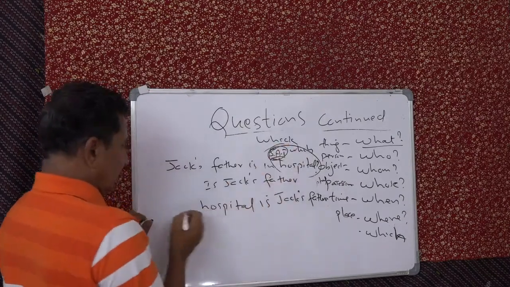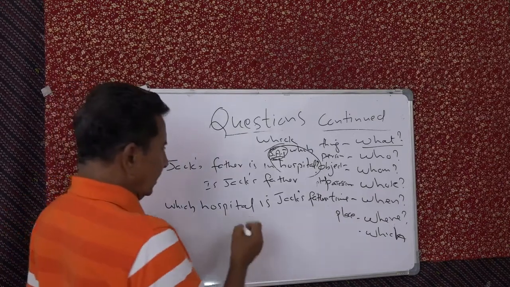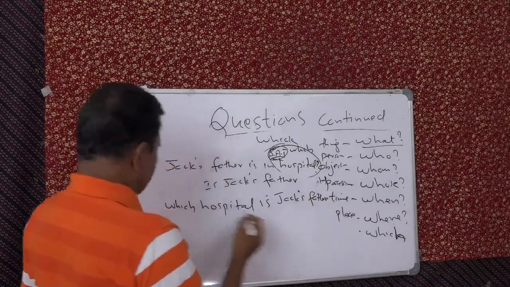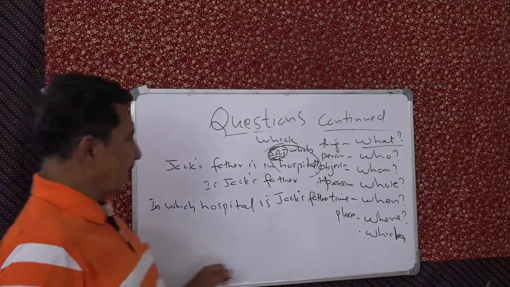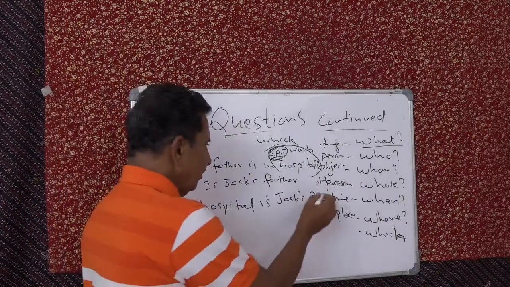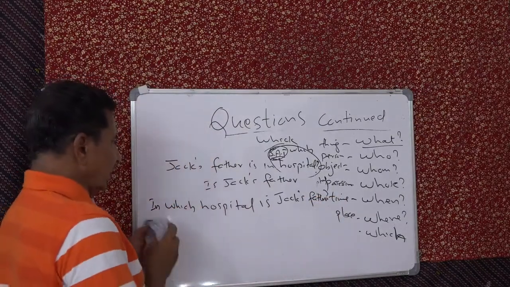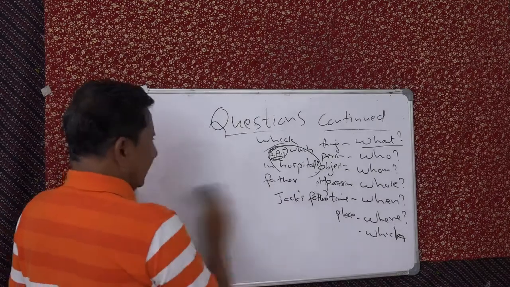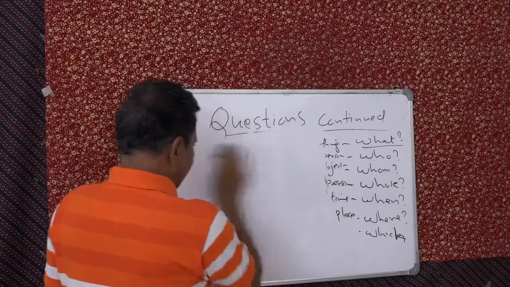Instead of that we say which. Which hospital is Jack's father? In which hospital? So in which hospital is Jack's father? Okay, we'll do that once again. I think you have a slight confusion, isn't it? So let us get rid of that confusion.